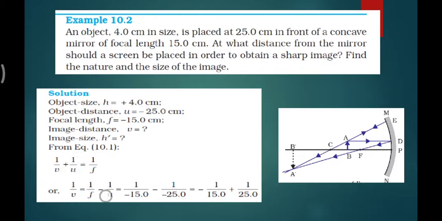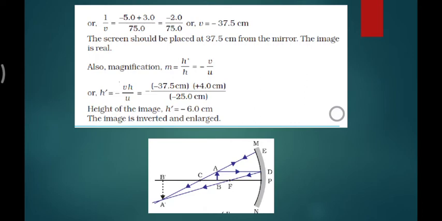So 1 upon v is the main part, and 1 upon u is taken to the other side. Putting in the known numbers, 1 upon f is replaced by minus 1 upon 15, and 1 upon u is minus 1 upon 25. For simple mathematics, minus minus becomes plus in the next step. The LCM is 15 multiplied by 25, and the respective numerators will be plus 25 and minus 15. You should know that simple maths, because in 10th class I cannot spend time on LCM study.